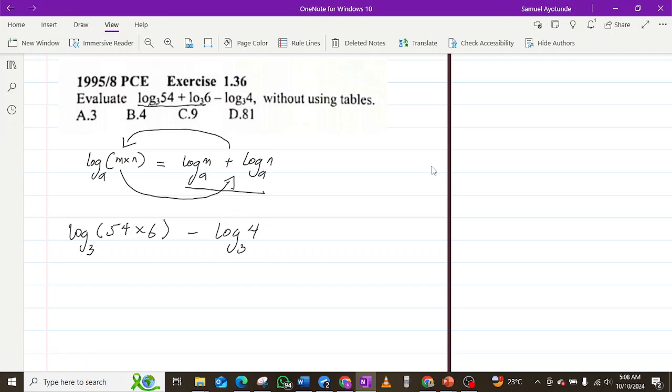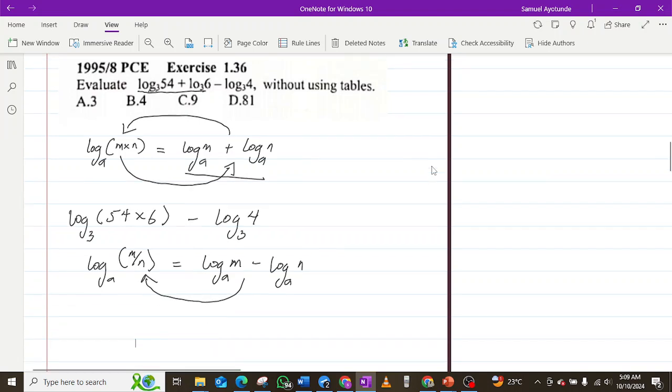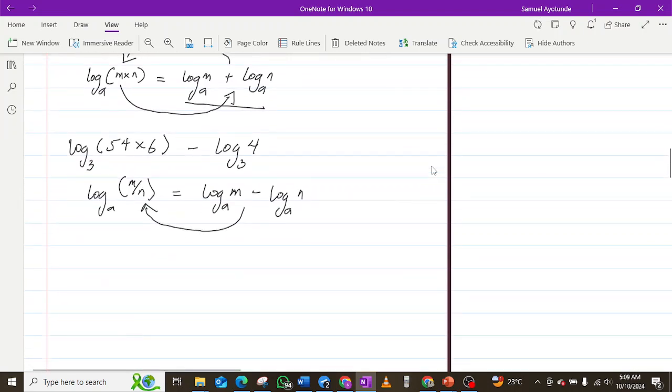Now from here, we have another law which has to do with division. Log a m over n is equal to log a m minus log base a n. So we will also interpret this in this format. We will turn subtraction to division.